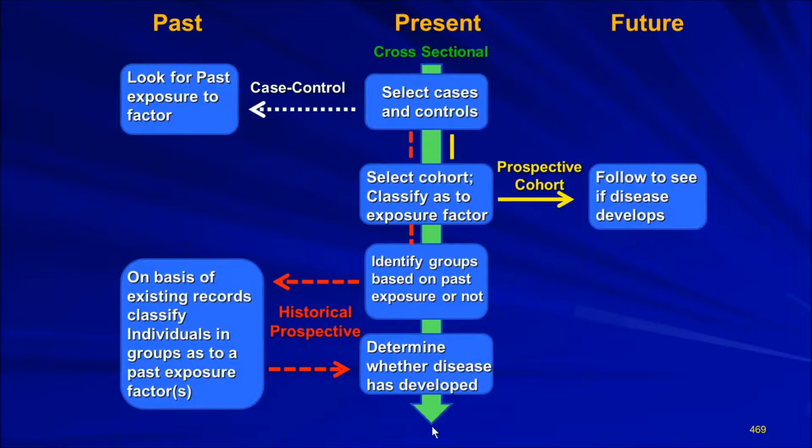That could mean July 1st, August 15th, December 13th, January 6th. It's a specific point in time. It's normally one day, one 24-hour period. It's a slice in time. That's a synonym for a cross-sectional study, so you can see it's taking a cross-section at the present.